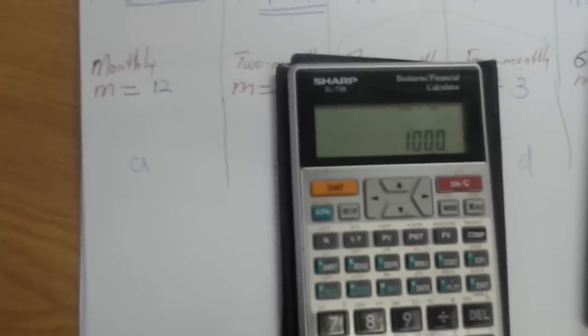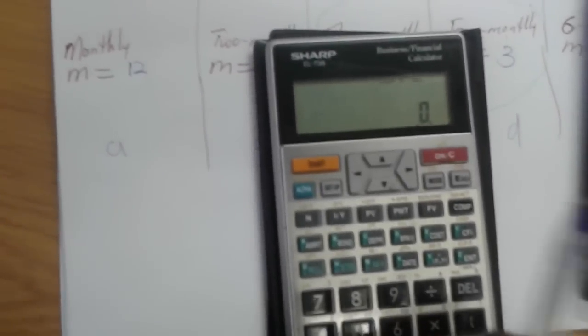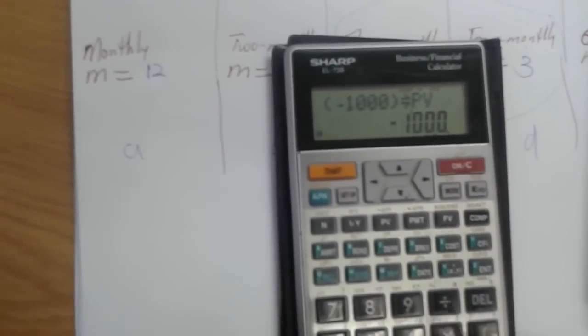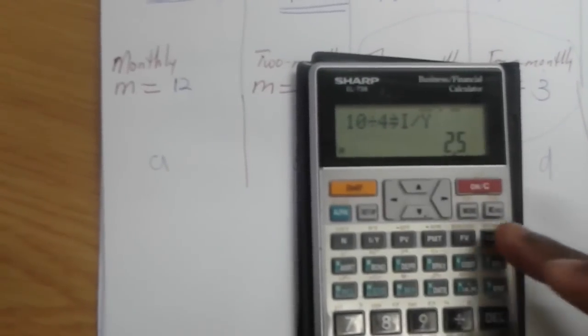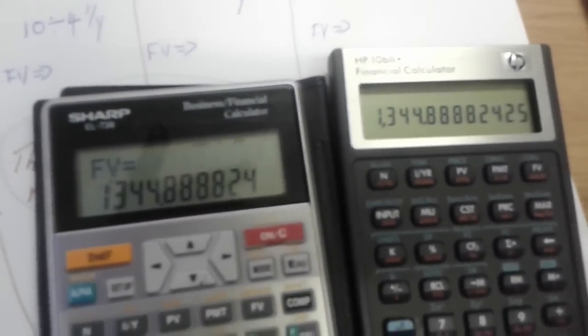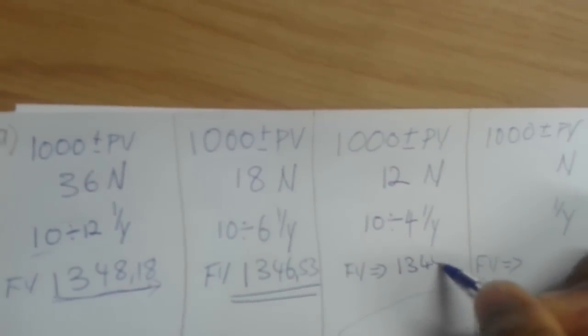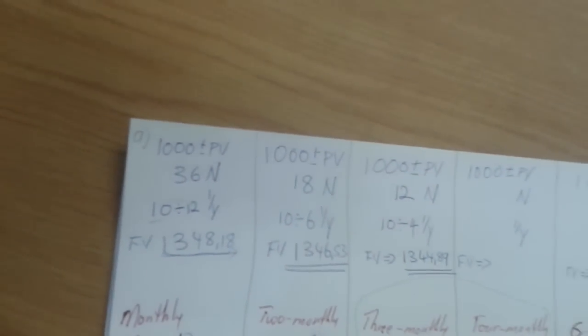Same thing here, 1000, remember, clear the memory. Alpha 00, 1000 plus minus is your PV, then your 12 is your N, and 10 divided by 4 is your I, and then you compute FV. As you can see, the answers are just the same, 1344.89.